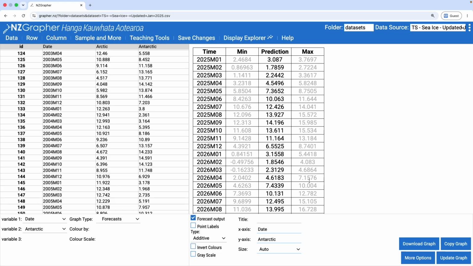Now, because those predictions are based on some randomization, if I update this graph, you will note that those numbers change slightly. The middle prediction numbers don't, but the range of values changes a little bit because they're based off a process very similar to bootstrapping, where there's a little bit of randomization involved.